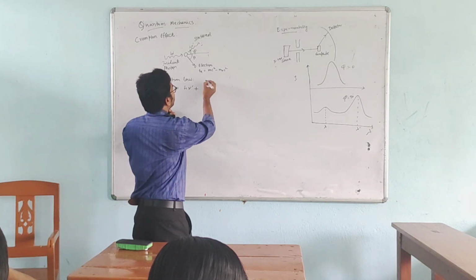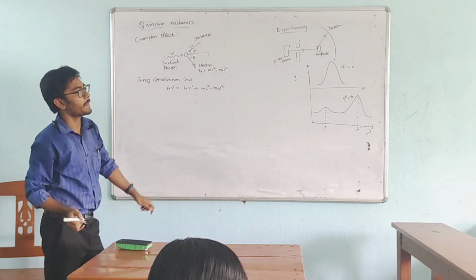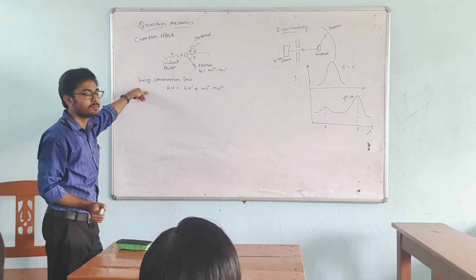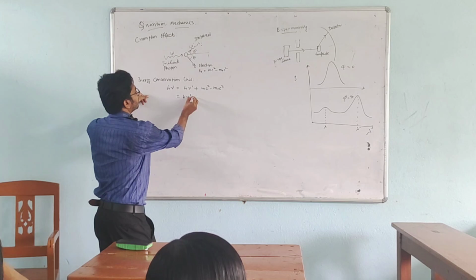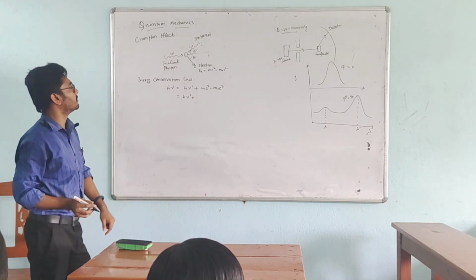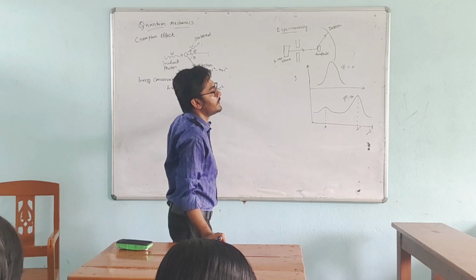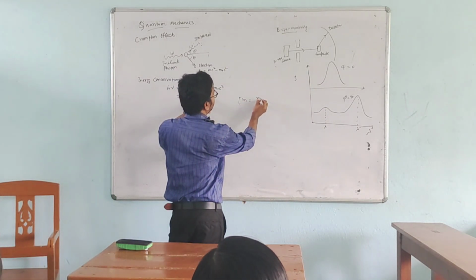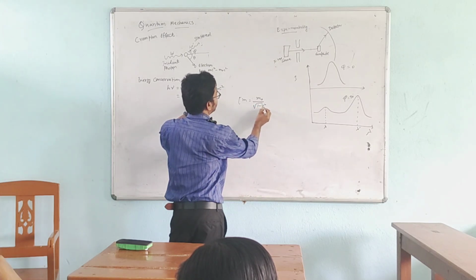Now from relativity we can write m equal to m0 by root over 1 minus v square by c square.